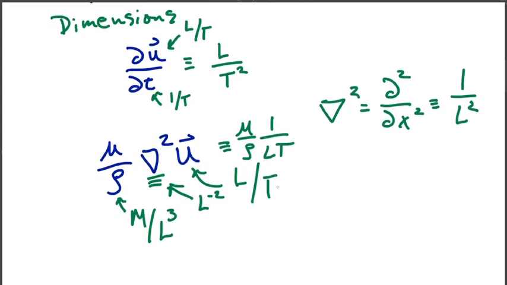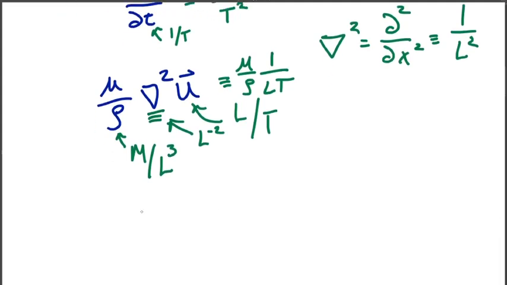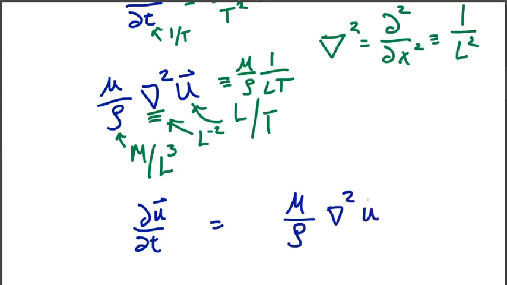So let's now equate these two. We have our d by dt of u, and this has to have the same units as our mu over rho grad squared u. And I'm going to write this in kind of a funny way, collecting the terms out here. Here's our length per time squared. Those are all the dimensions of the u vector and the t. So I'm going to do something kind of cute for a moment.